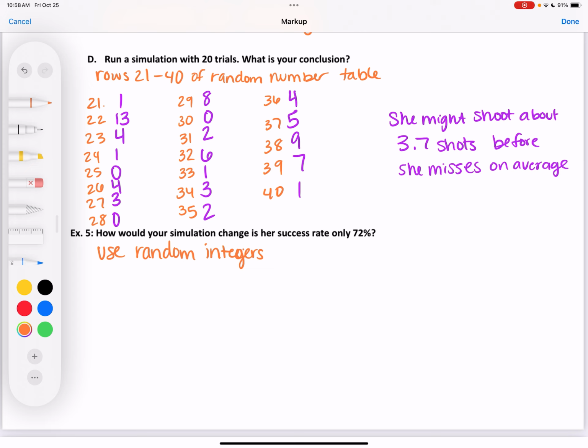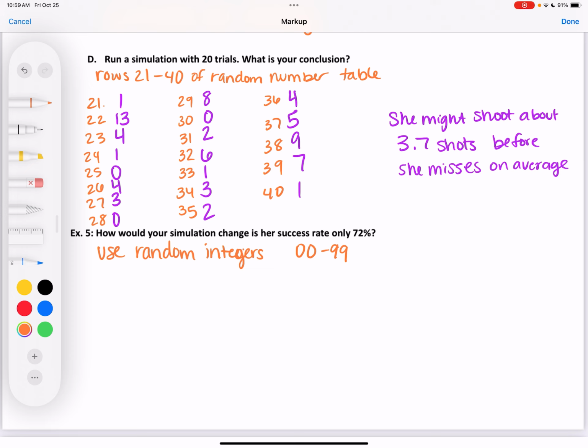Personally I would use 0 through 99, and I would probably do this on a calculator. Now, if I'm doing it on the table, everything has to be 2 digits, so it would have to be 0, 0, 0, 1, 0, 2, and so on.